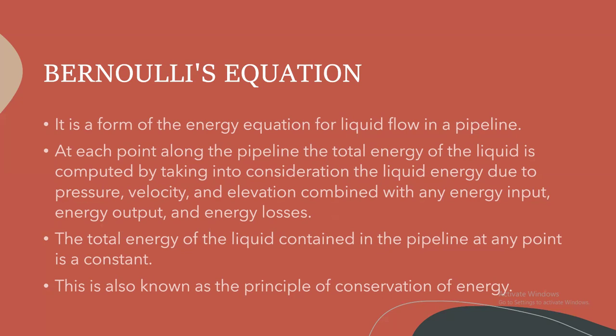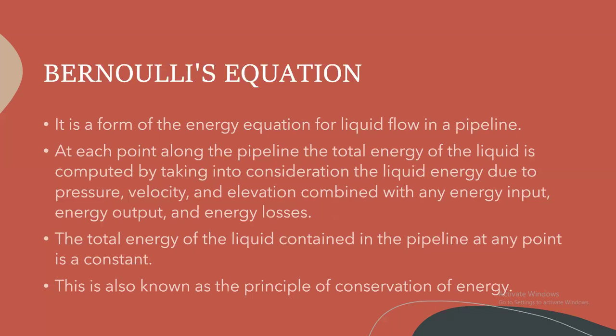The total energy of the liquid contained in the pipeline at any point is constant. So the energy cannot be created or destroyed. It can only be converted from one form to another. This is also known as the principle of conservation of energy.